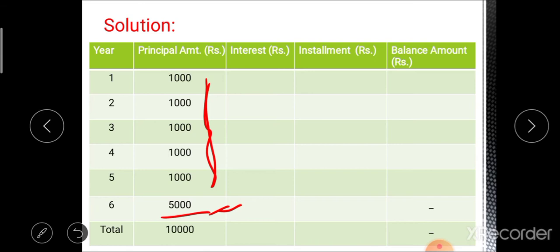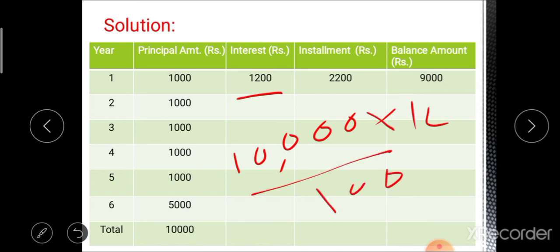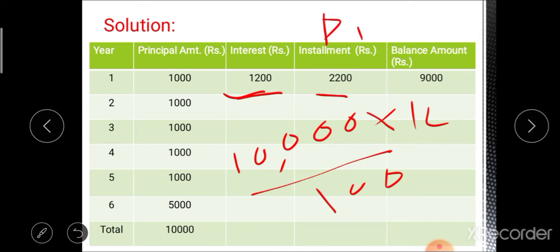After distribution of this principal amount, the next step is calculation of interest. For the first year, you have to calculate the interest on the total 10,000 rupees. So 10,000 into 12 divided by 100, we get the interest for the first year. Then the installment, which is nothing but the summation of principal amount plus interest.